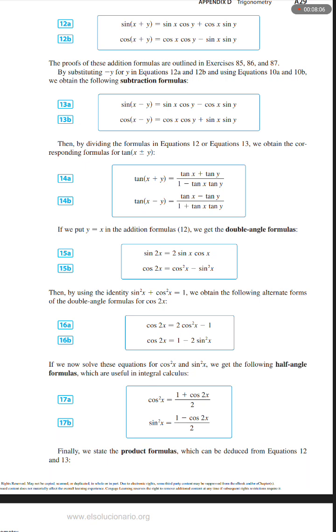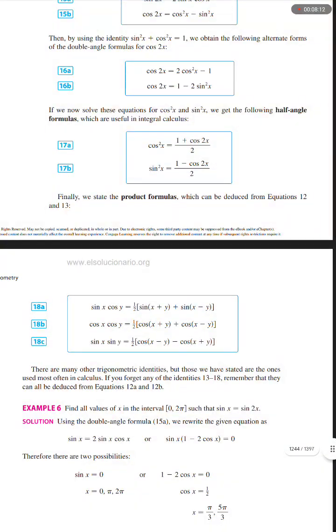Finally, we state the product formulas, which can be deduced from equations 12 and 13. Equation 18a: sine x cosine y equals 1/2 [sine of x plus y plus sine of x minus y].